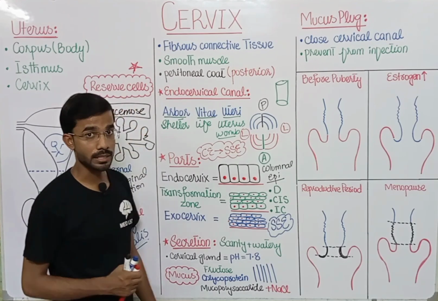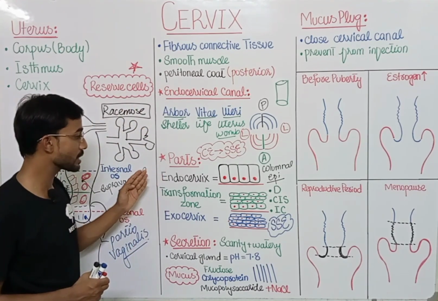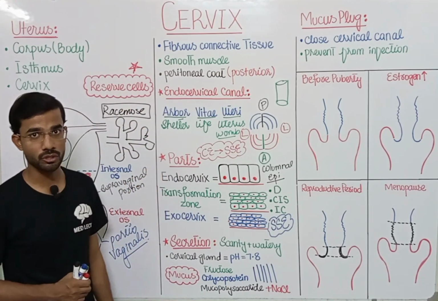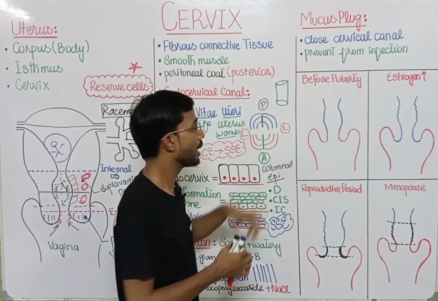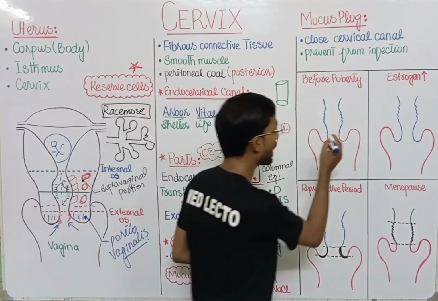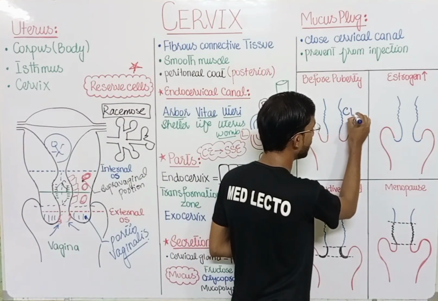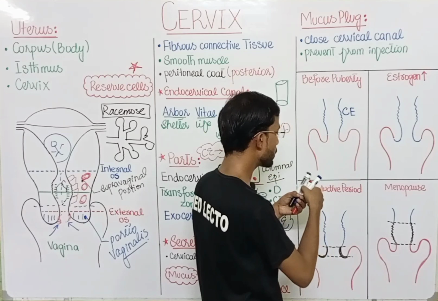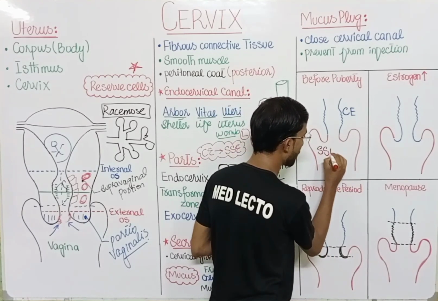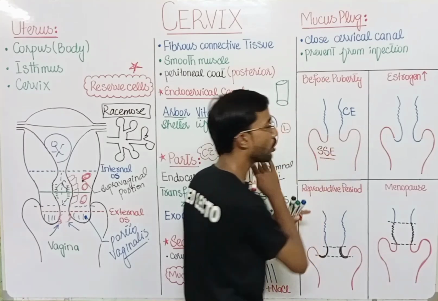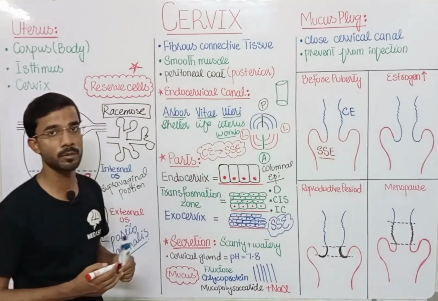Now let's discuss the endocervix, transformation zone and exocervix in different situations. Before puberty, you will see columnar epithelium inside, and outside you will see stratified squamous epithelium. There is no transformation zone before puberty.